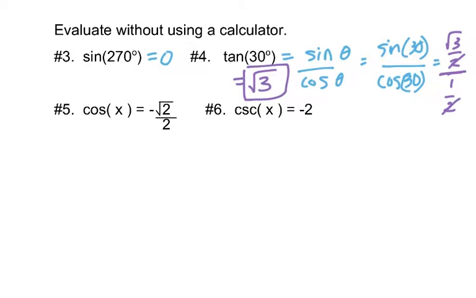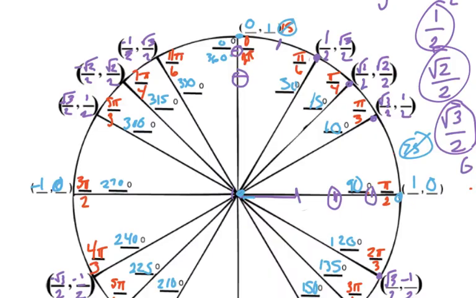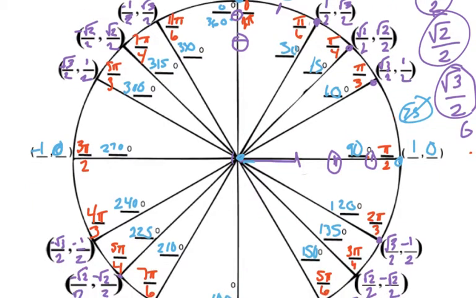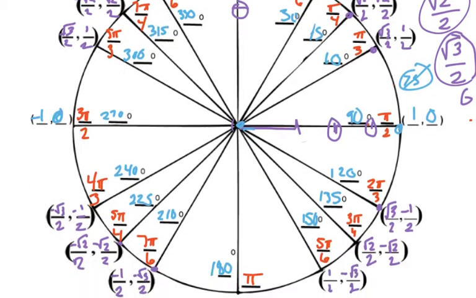Alright, the next one works backwards. So now they're saying cosine of what degree or what radian is going to make negative square root of 2 over 2. And so this is kind of an interesting one because there are two answers. So when is the x value negative square root of 2 over 2? That's going to be right here at 315 degrees, but also right here at 225 degrees. So it does get to have two answers.